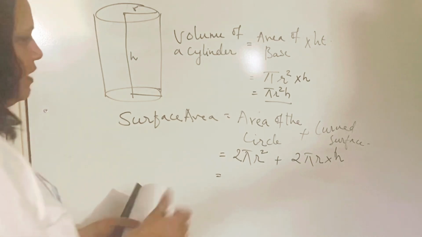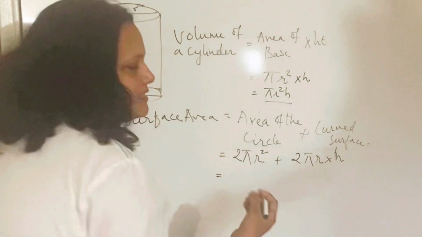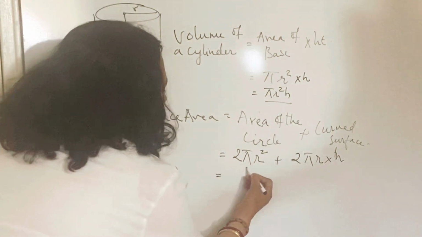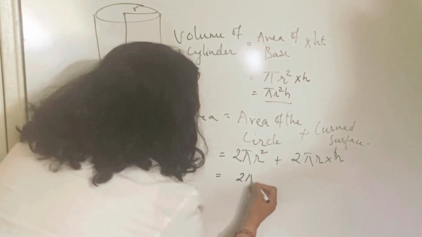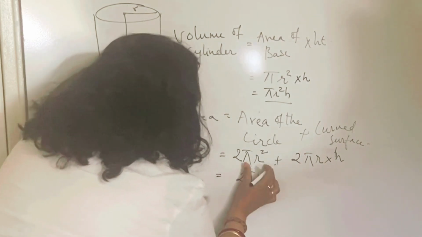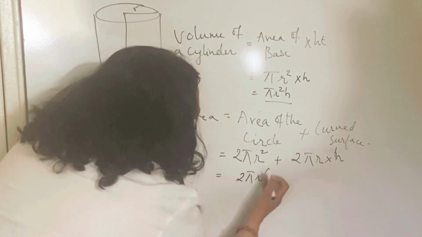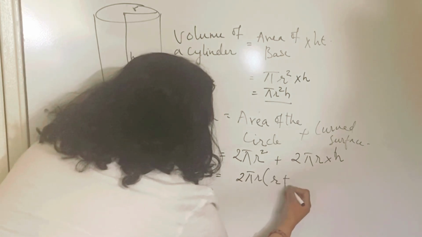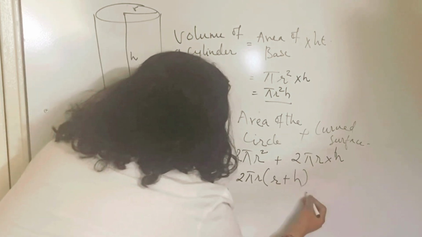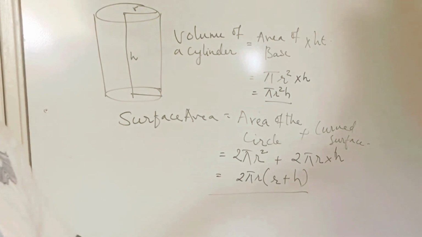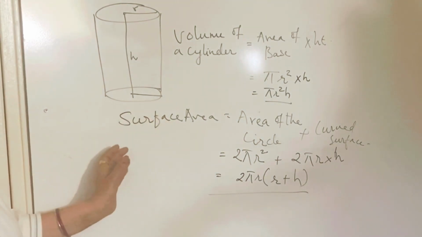So to simplify our job, we can take the common 2 pi r out, and what is left is r plus h. This gives us the final surface area of the cylinder.